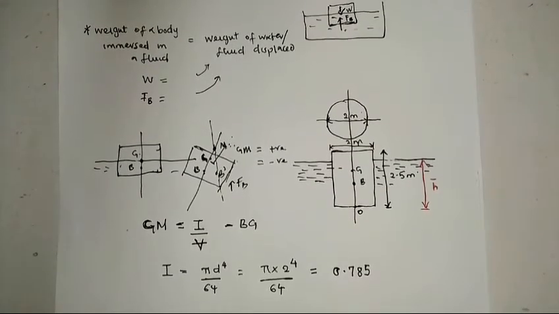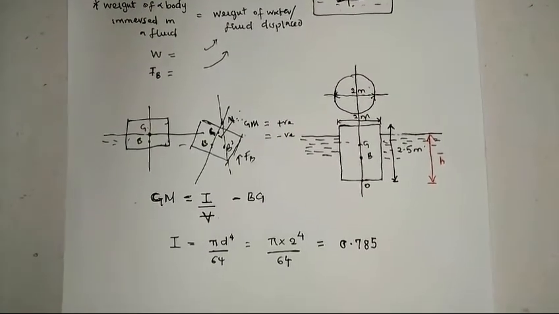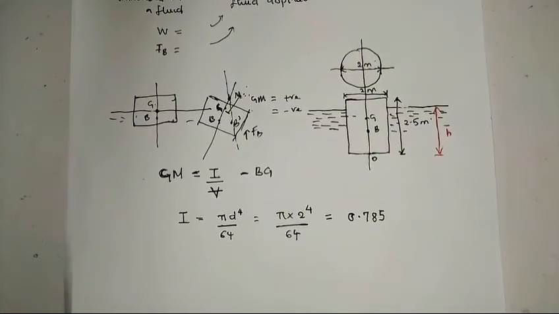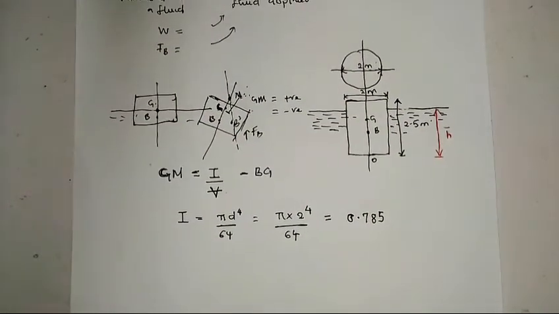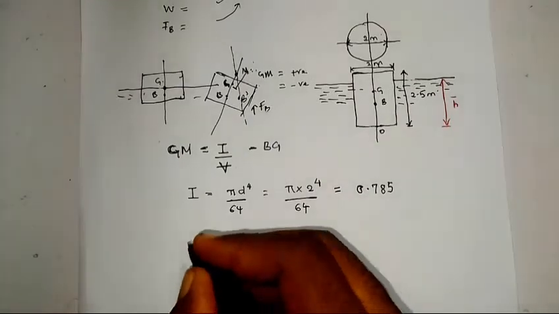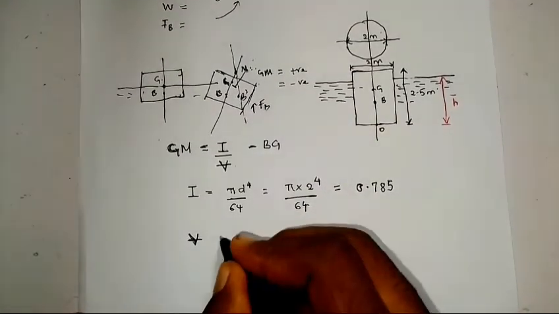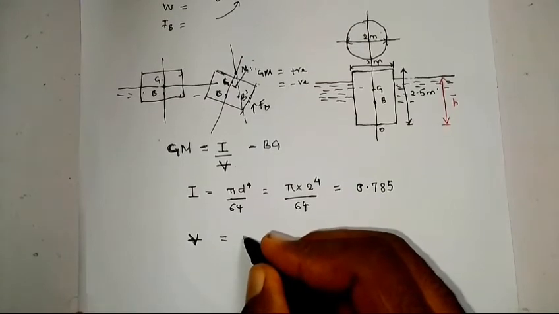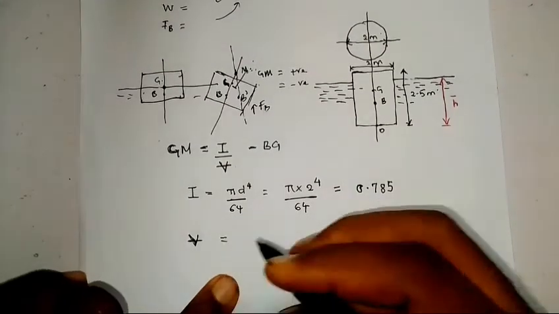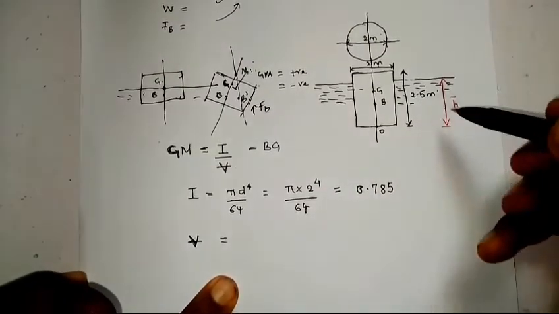Now the second step is to calculate the volume of water displaced. The volume of water displaced, V, is actually the volume of the cylinder immersed in the fluid.